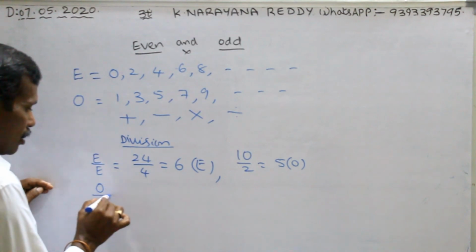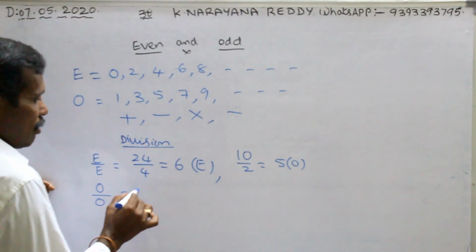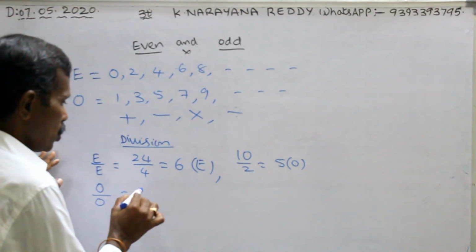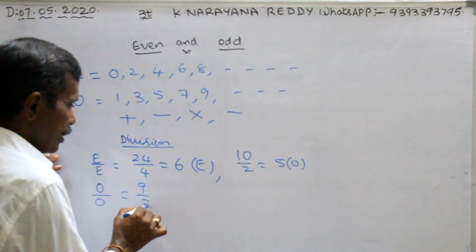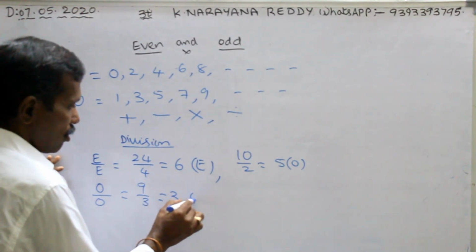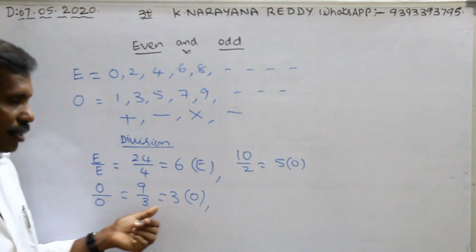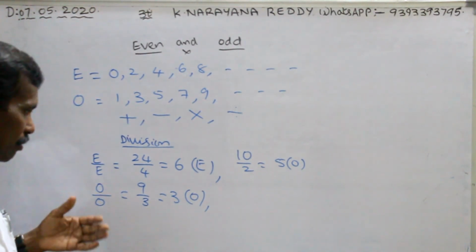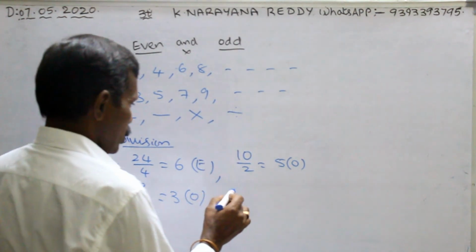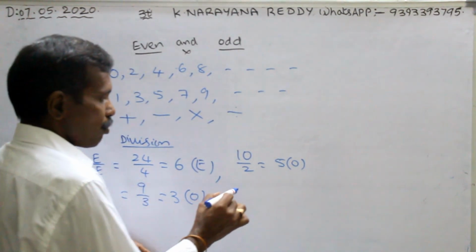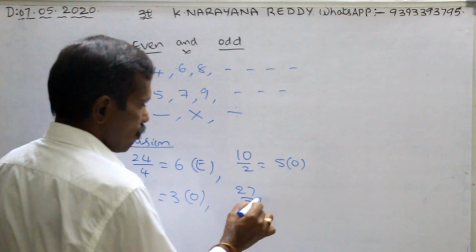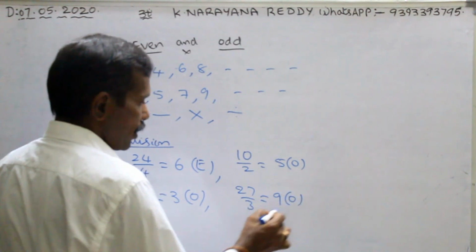Next you can take odd by odd. Odd by odd, suppose 9 by 3, gives 3, which is odd. In the same manner, take another example: 27 by 3 equals 9. That is odd.